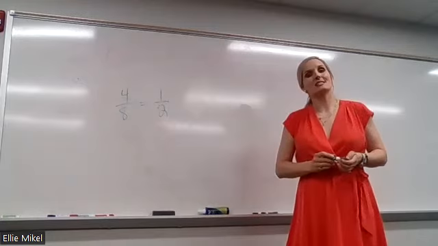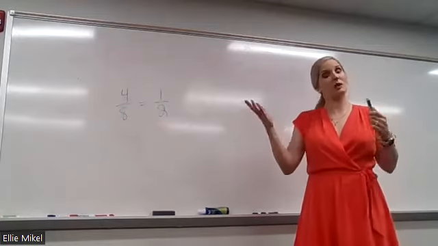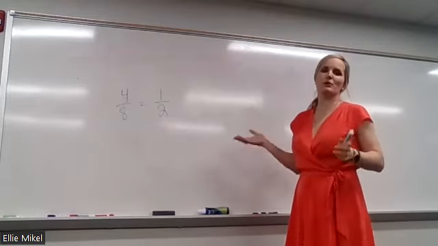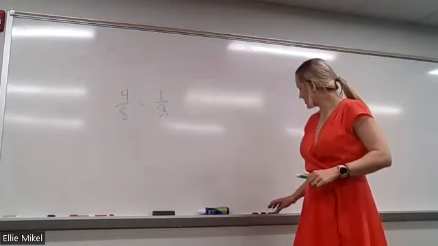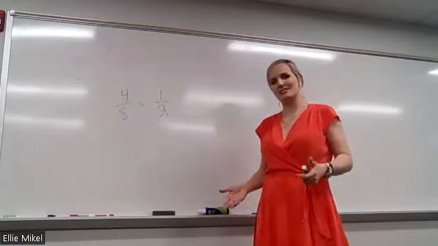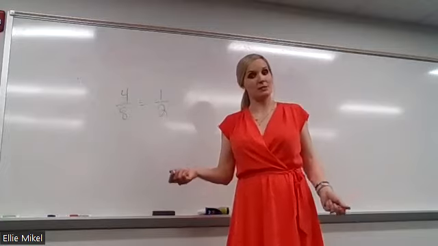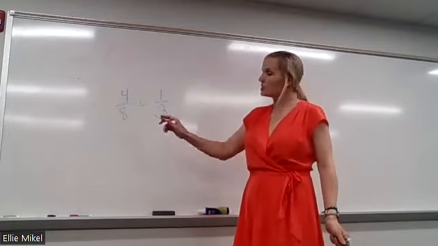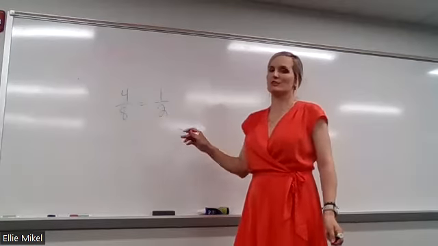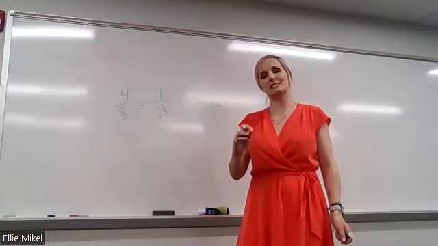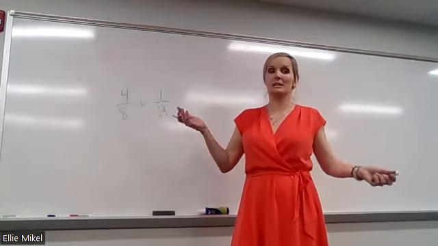How can we test to see if a proportion is equal? Off the top of our head, we know that these 2 fractions are equal to one another. But if I wanted to test to see, are these fractions actually equal to one another? We can cross multiply. I can cross multiply opposite numerators and denominators. And if I get the same answer in both cases, then it's true. It is equal.